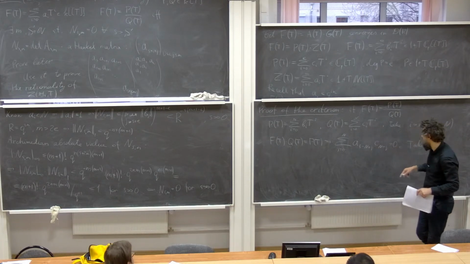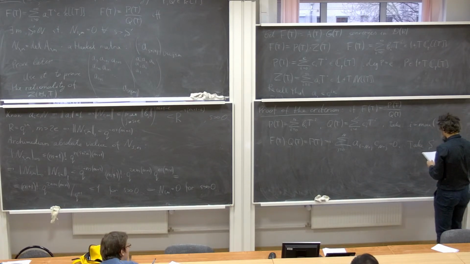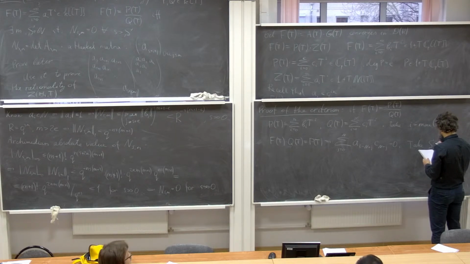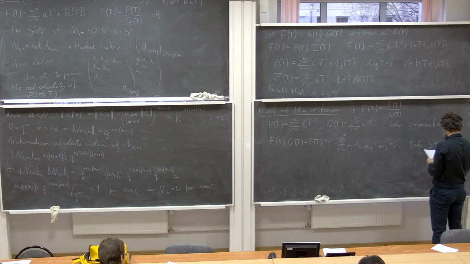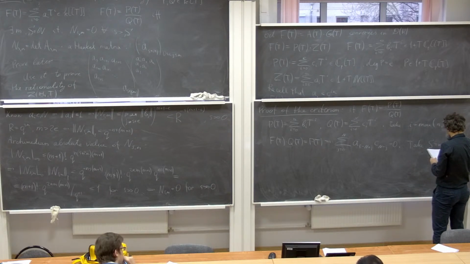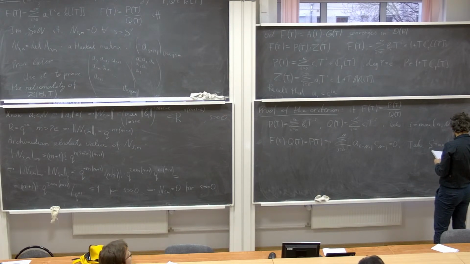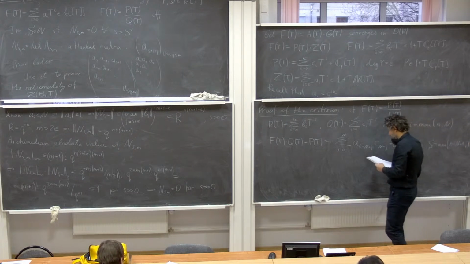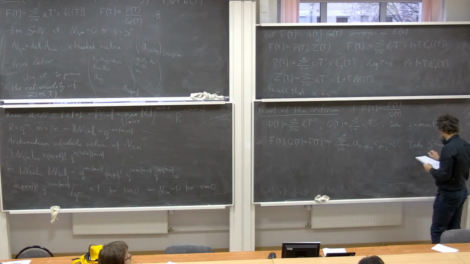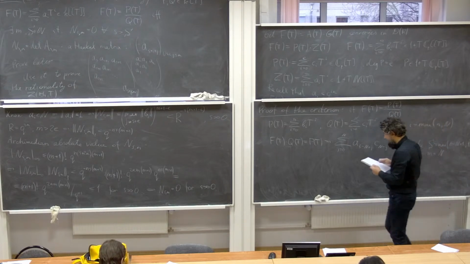Yes, you're right. So take it as the maximum of n and n minus capital N plus 1 and 1, and take small m equal to capital N.